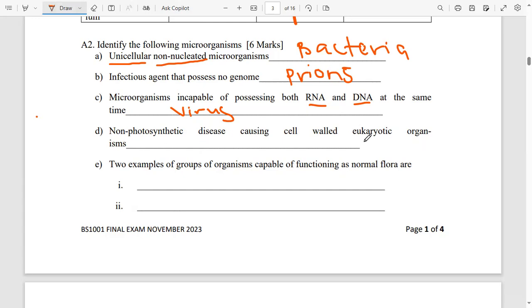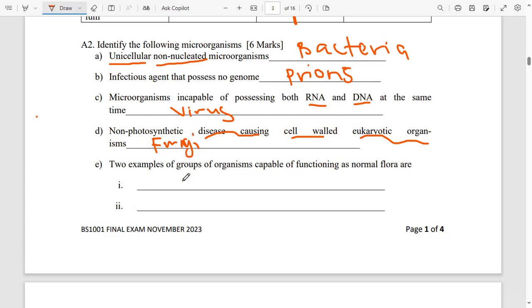So the keywords are it's a eukaryotic organism, it has a cell wall, and it causes disease, but it does not perform any photosynthesis. So what is that microorganism called? That one there is simply fungi.